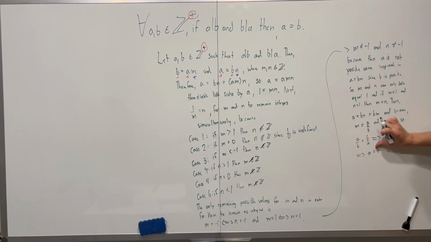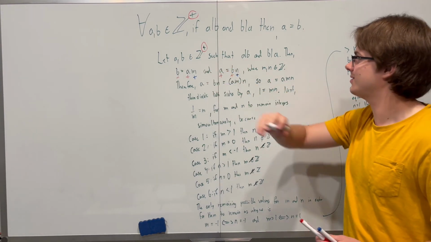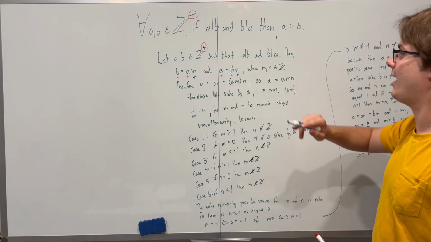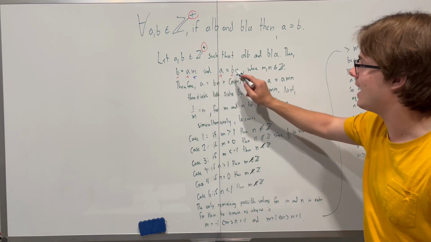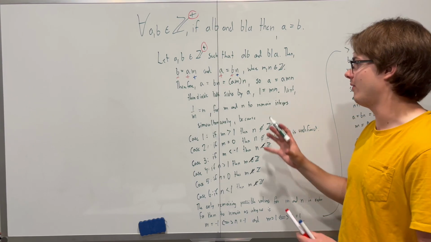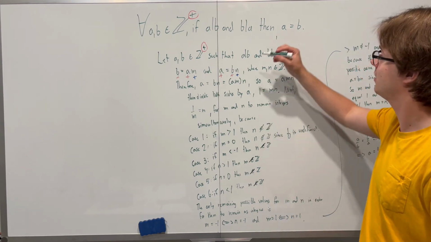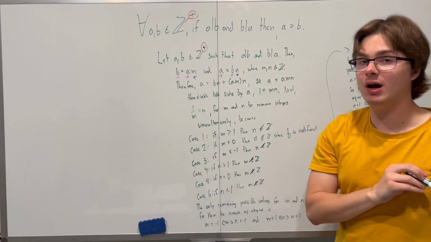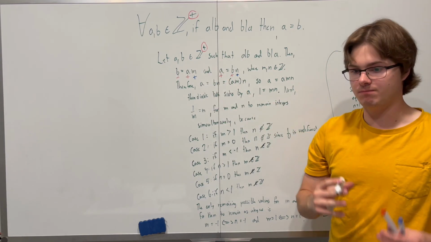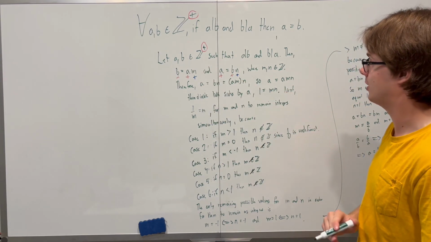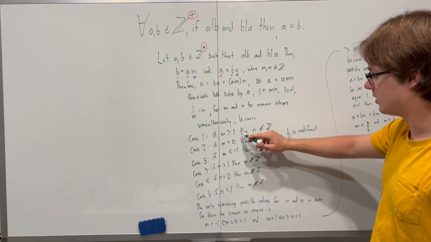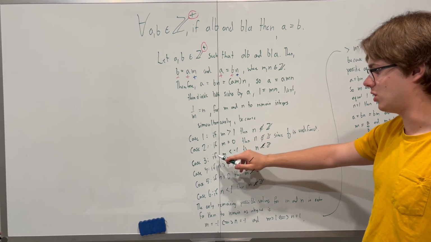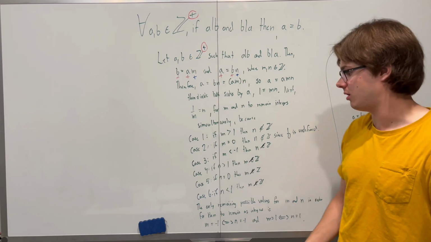There we go. So we have proven that for all positive integers a and b, if a divides b and b divides a, it must be that these m and n have to be integers. We know that by definition of divisibility. And they must be positive in order to stay consistent with our assumption here, which means that the only options are m can't be greater than 1, m can't be 0, and m can't be less than -1.